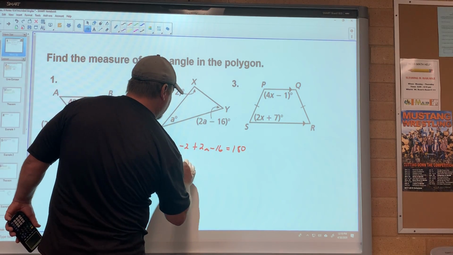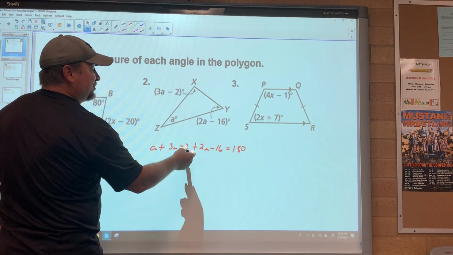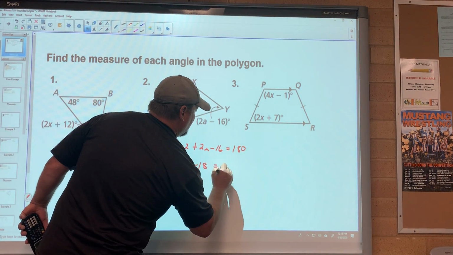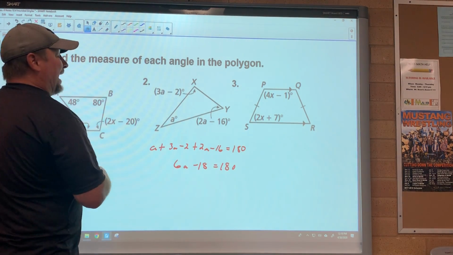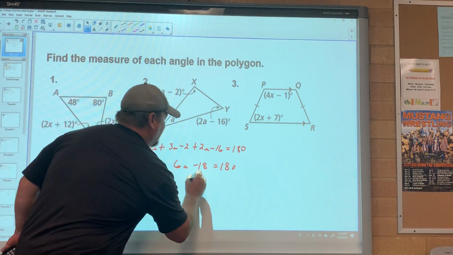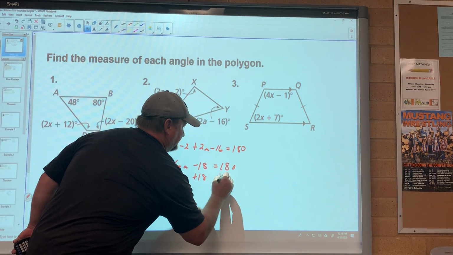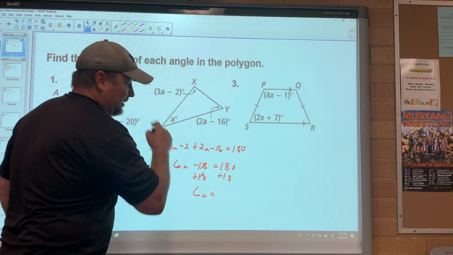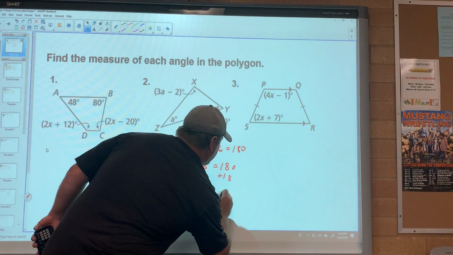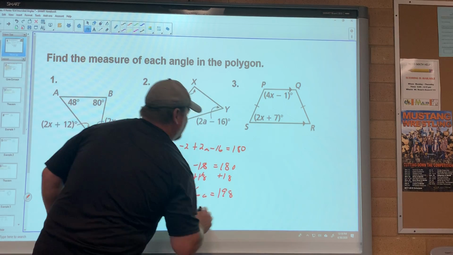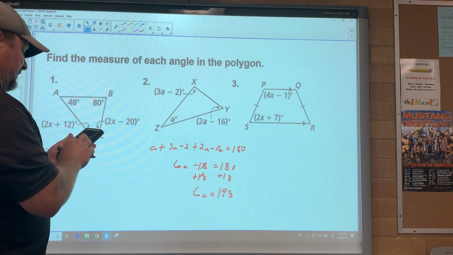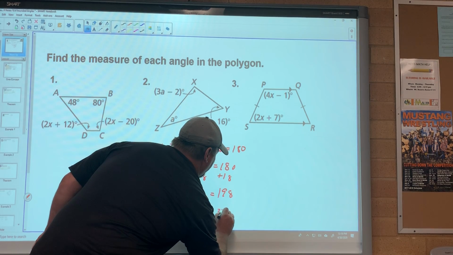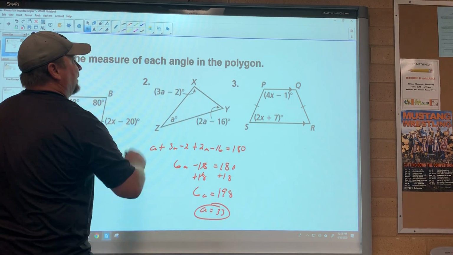So 6A, and then negative 2 minus 16 more would be negative 18 equals 180. We'll add the 18 this time. 6A equals 198, and we'll divide by 6. 198 divided by 6 is 33. So A equals 33.